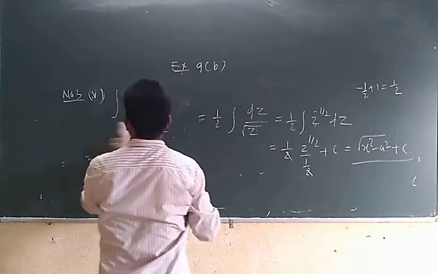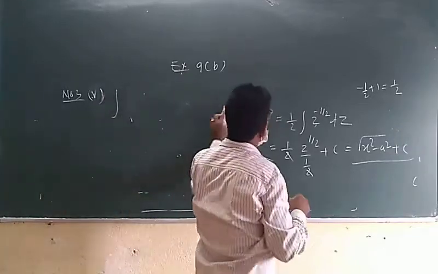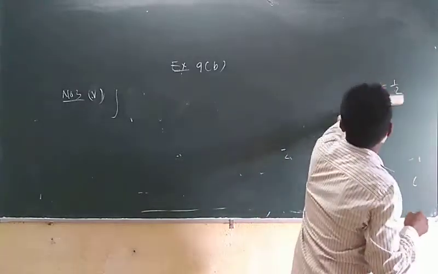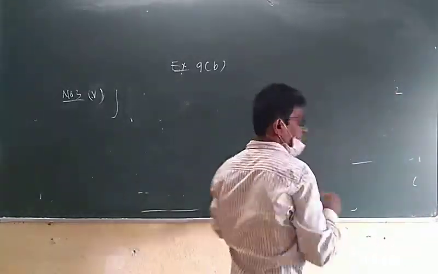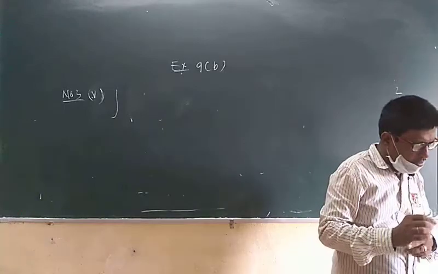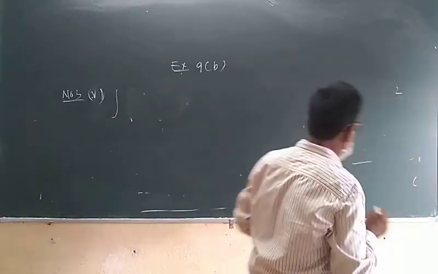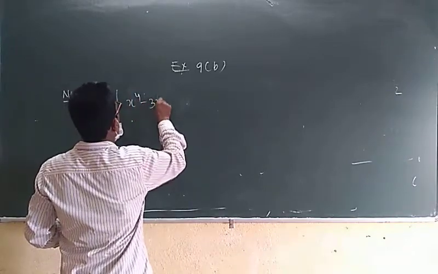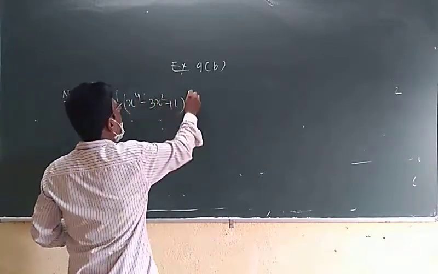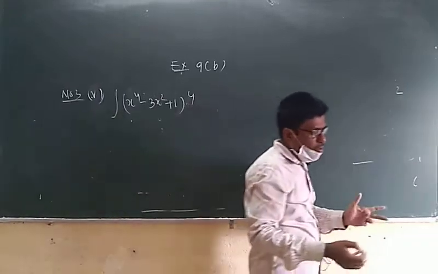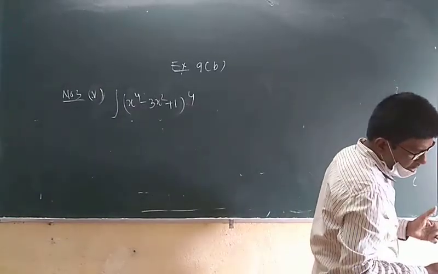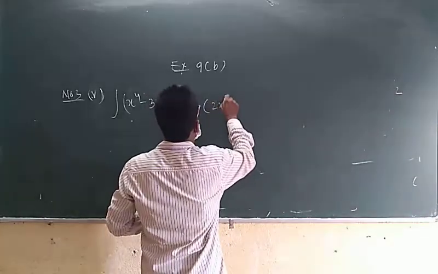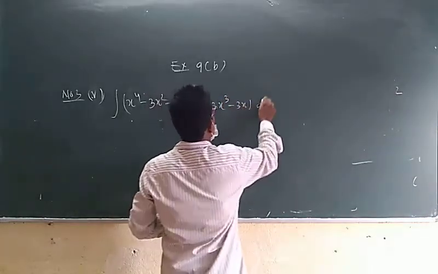Integration of x4 minus 3x square plus 1 to the power 4, whole into 2x cube minus 3x dx.